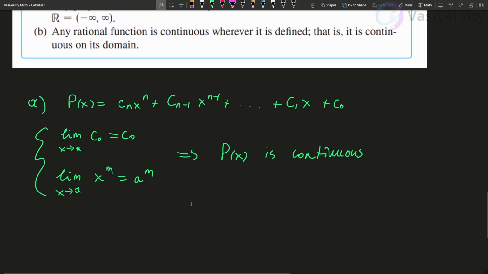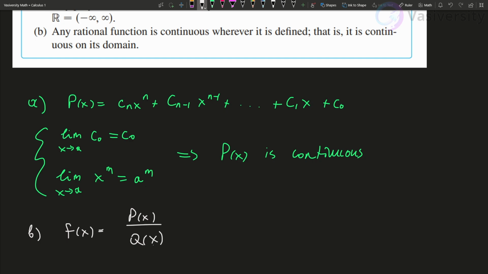Meanwhile, for part B, we're going to say that f of x is p of x over q of x, where q of x doesn't have a zero on the domain, and both are continuous.